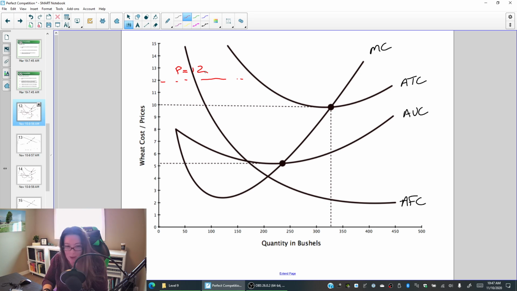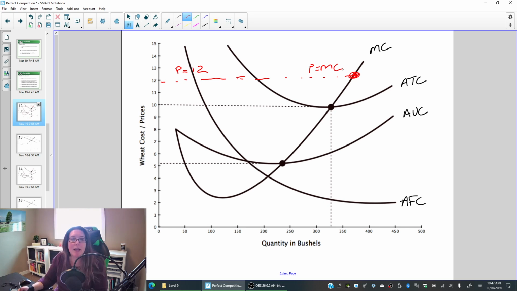The marginal benefit is how much we gain. So we're going to sell it for $12 a bushel, and we look at the marginal cost as a comparison. We do things as long as the price is more than the marginal cost. We don't do things when the extra cost is more than the extra benefit. So where do we stop? We stop when they're equal, and price equals marginal cost.